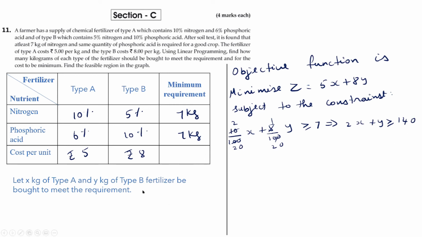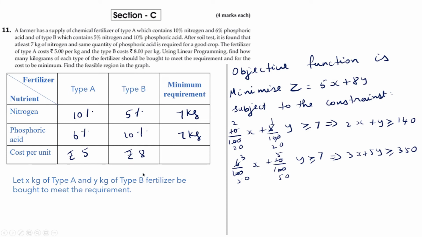Then the next constraint is 6% of x plus 10% of y greater than or equal to 7. 6 by 100 x plus 10 by 100 y greater than or equal to 7, so 3x plus 5y greater than or equal to 350.